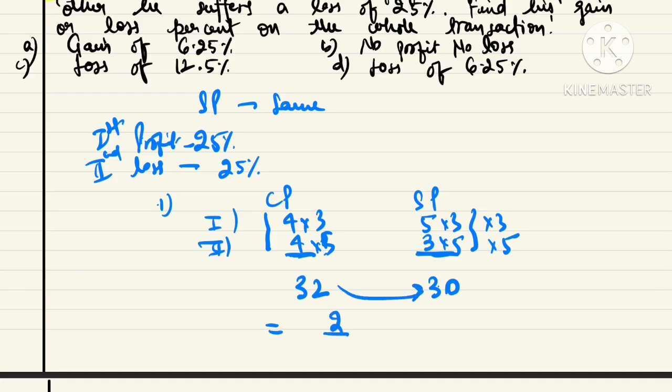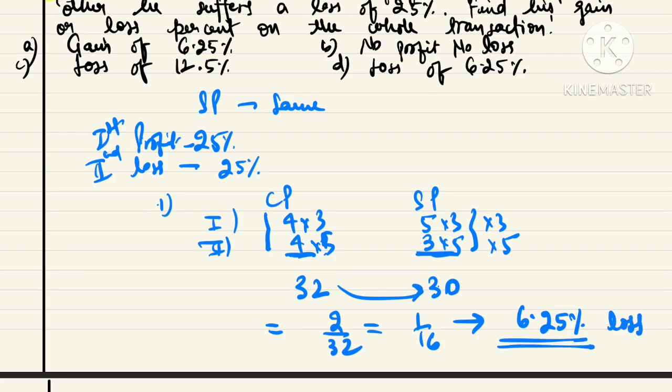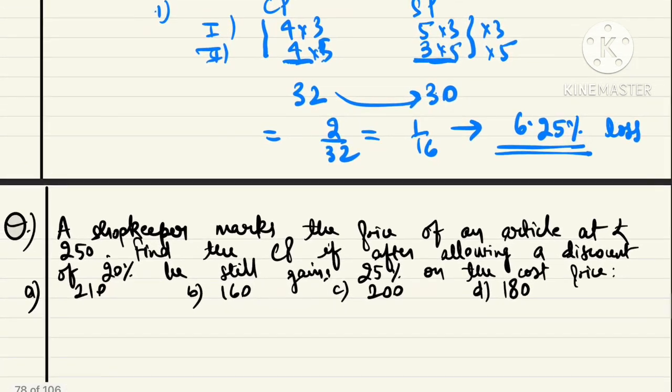So 2 rupees loss in 32. So it will give 1 by 16, and as we know, 1 by 16 is 6.25%. 6.25% loss. So option number D will be your answer. Right. Fine. Let's move to the next question.